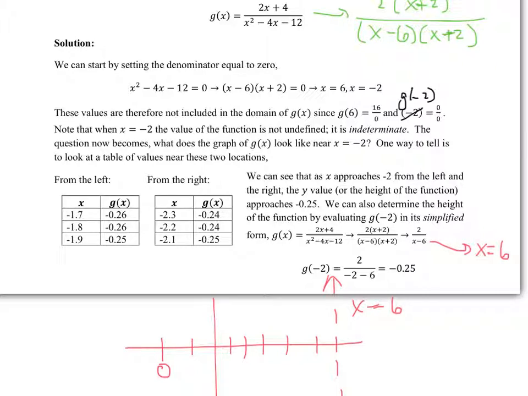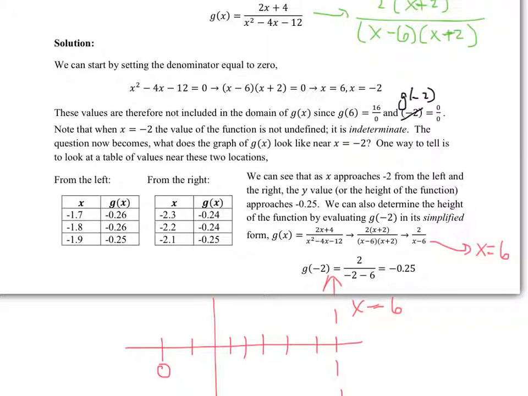So multiply them by -1. Isn't that weird the way that works? So you got this, right? So it's obvious at 6 there's a vertical asymptote. But at -2, it doesn't look like there's anything. Does it show a hole at -2 on there? Alright, so here's what the graph really should look like.